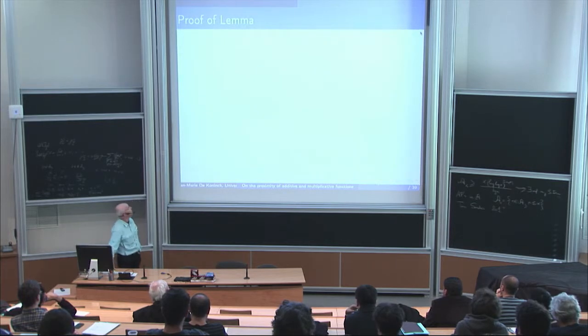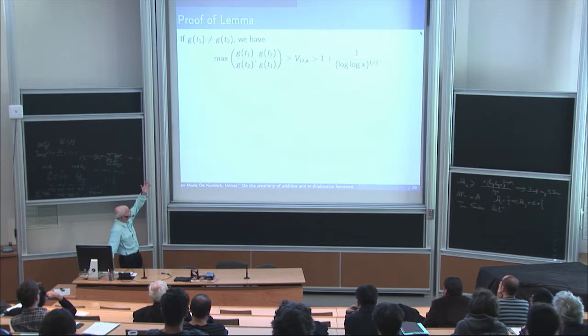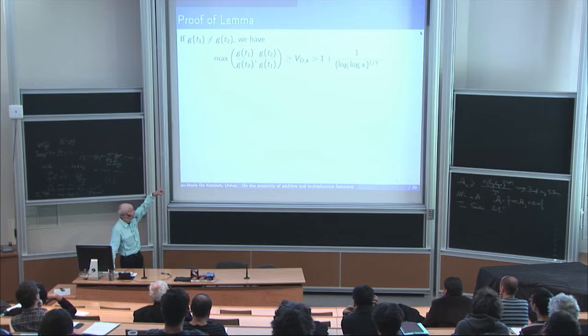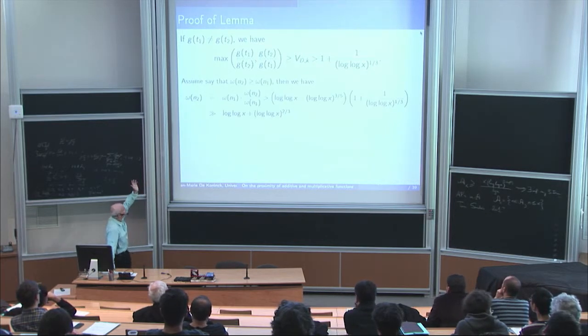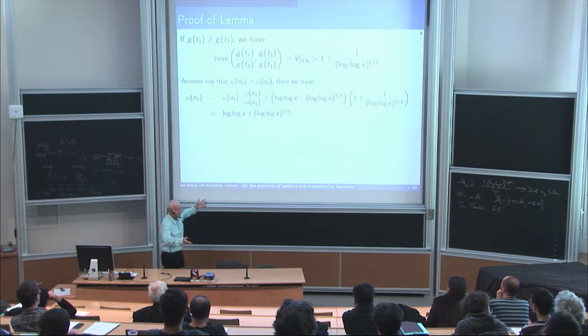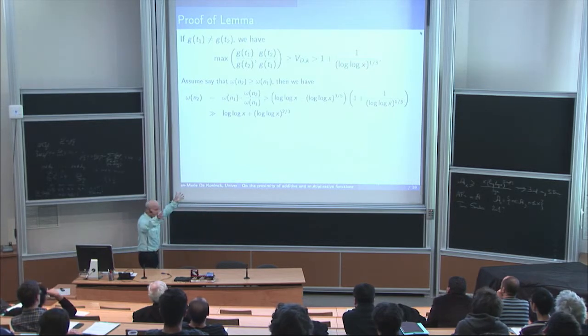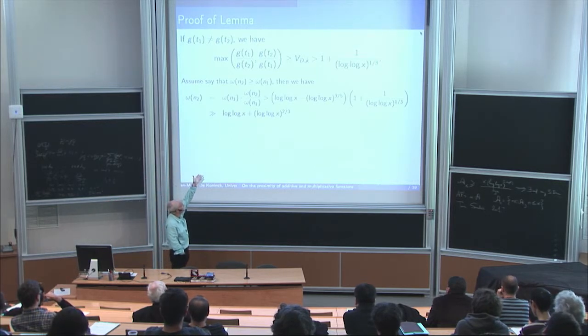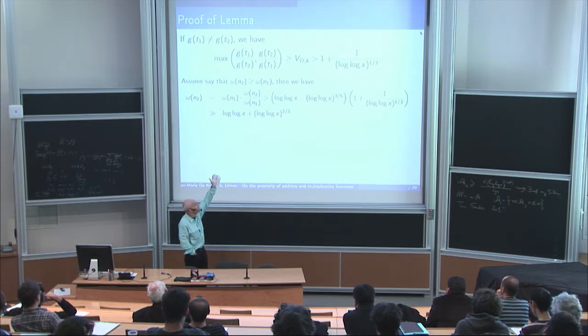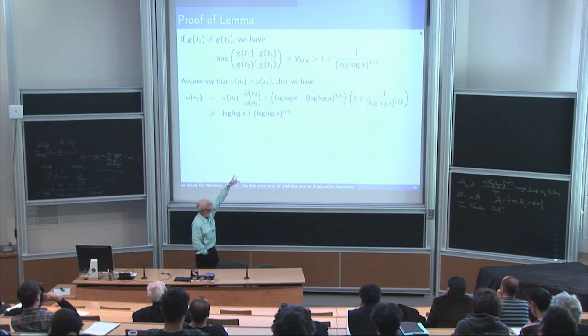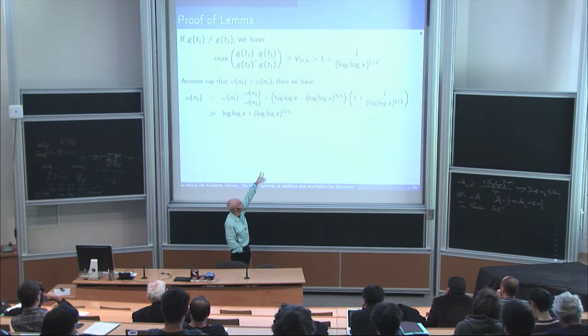Okay, so I assume they're different. If they're different, then the maximum value of these two possible quotients is bigger than v. That's the definition of v. So say omega of n2 is bigger than omega of n1. It could be the other way around, but say it's arbitrary. So I take this one. Then we have trivially omega of n2 is omega of n1 times omega of n2 over omega of n1. And this is bigger because omega of n is close to log x, remember?